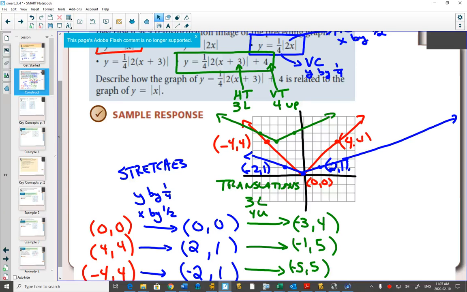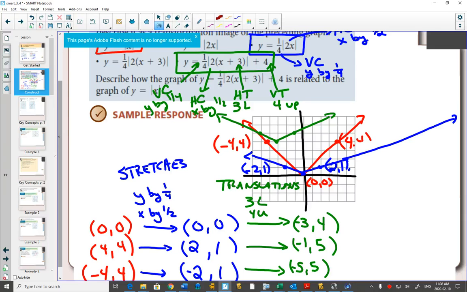Yes? You will always do the translation second. In fact, if we labeled on the green equation, you could have labeled this as horizontal compression x by a half, right? And this as a vertical compression y by a quarter. And we're going to go from left to right, just like you'd read a book. If you went from left to right, all of your stretches and compressions you can do first.